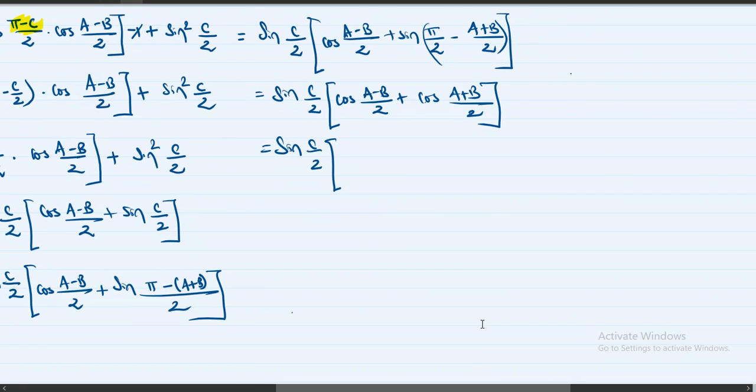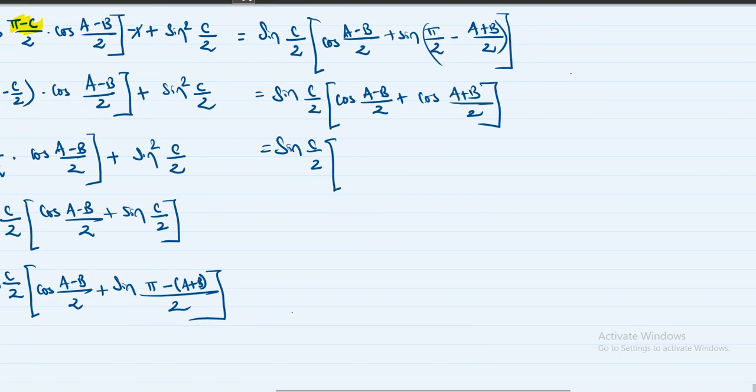So here also 2 cos (C plus D) by 2. This is C, this is D. By 2 cos (C minus D) by 2.